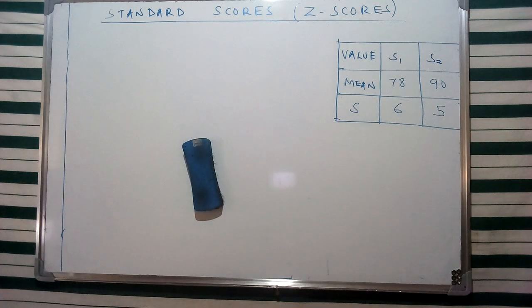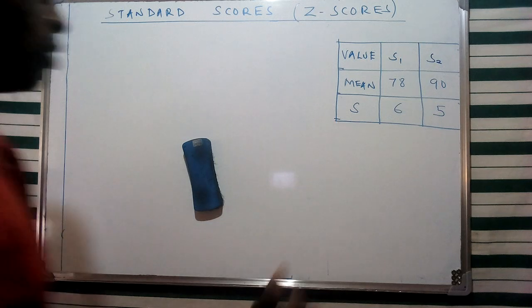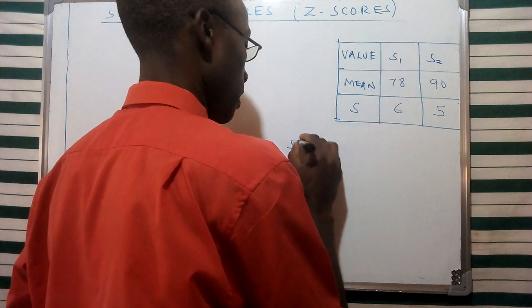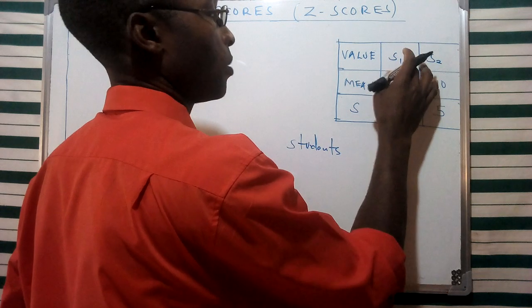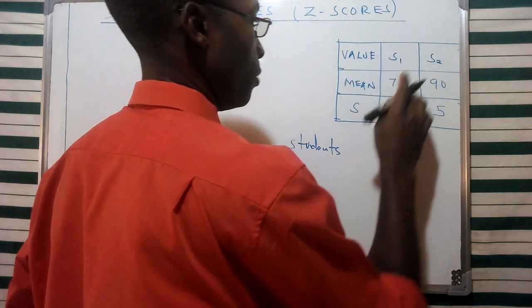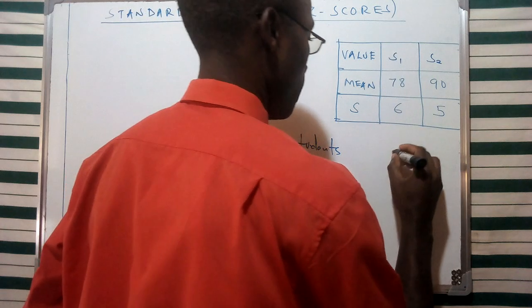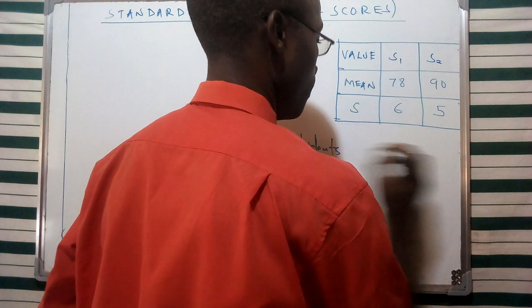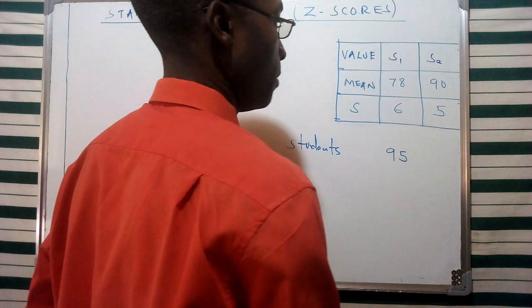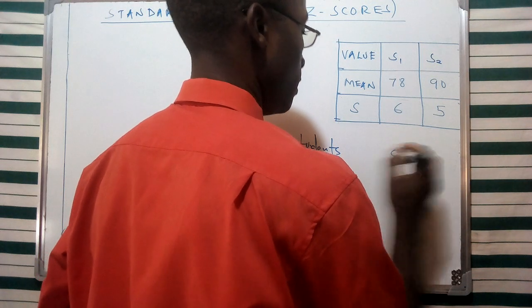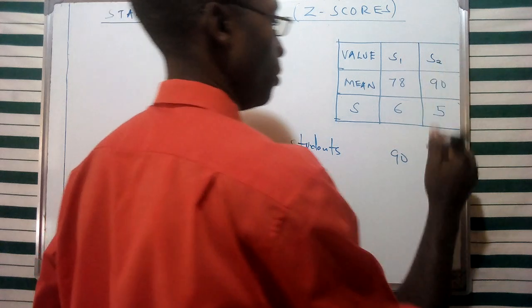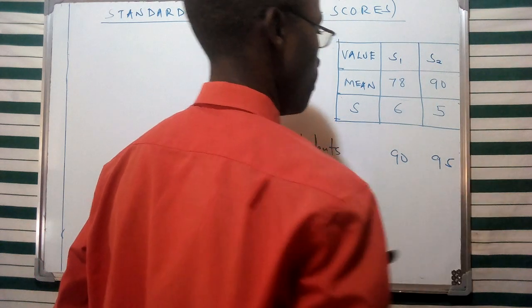Now in this case, I'm going to consider a specific set of two students from these particular streams, S1 and S2. So suppose a student in S1 scores 90%, and a student in stream 2 scores 95%.